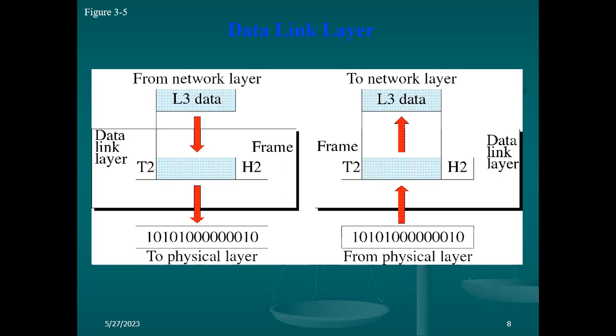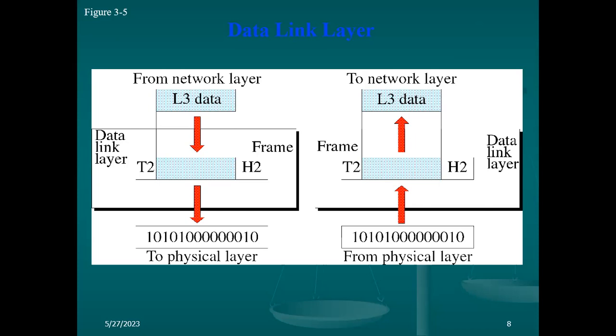The header includes the source address and the trailer includes the destination address. After converting the packet into the frame, the data link layer transmits the frame to the physical layer. The physical layer converts the frame into raw bits and transmits the raw bits in the form of signals through the transmission medium to the destination.